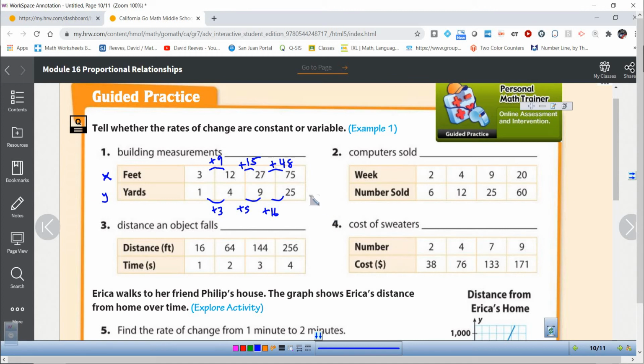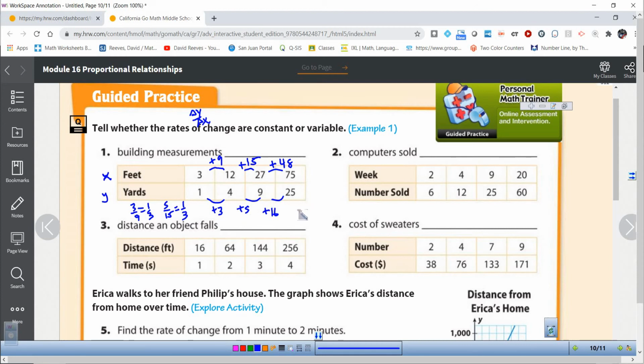Okay? So my change in y over my change in x. Remember, that rate of change is going to be the change in y over the change in x. So I would do 3 over 9 for the first one, right? And that simplifies to 1/3. Then I would do 5 over 15, and that simplifies to 1/3.